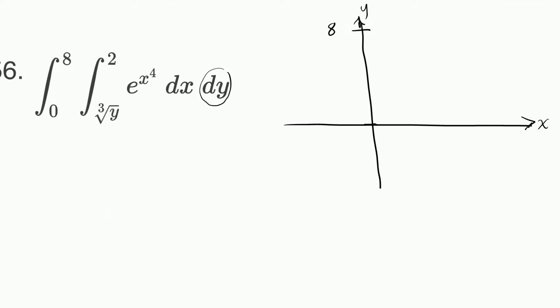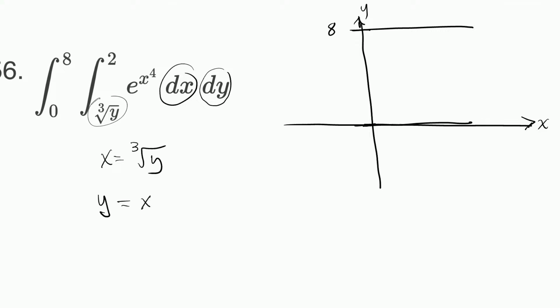Okay, now, so there's the outer. The outer integral just is y equals 0, y equals 8. The inner integral, x starts at the third root of y. What does that look like? X equals the cube root of y? Well, that's the same as y equals x cubed. And that, I know what that looks like. That looks like this.